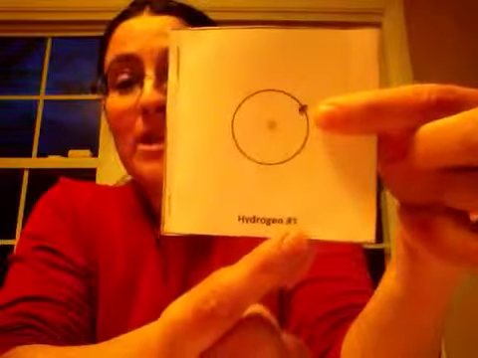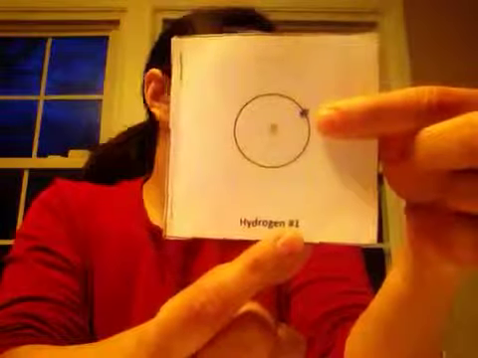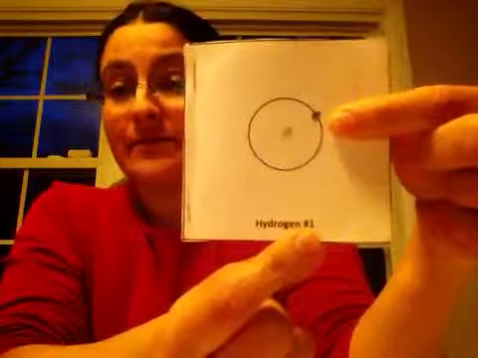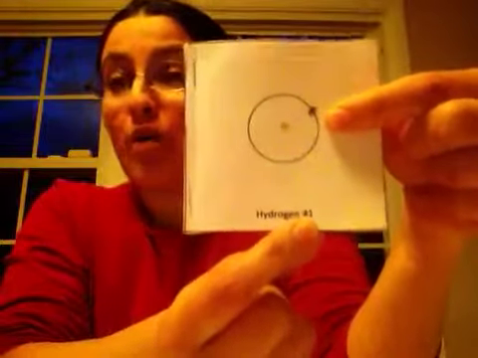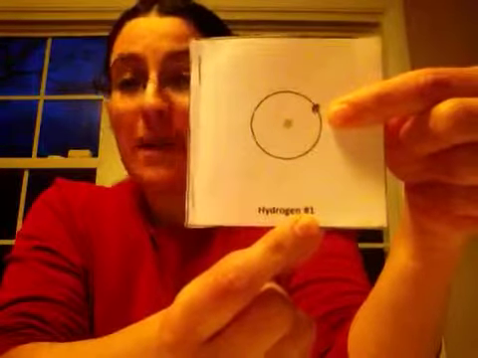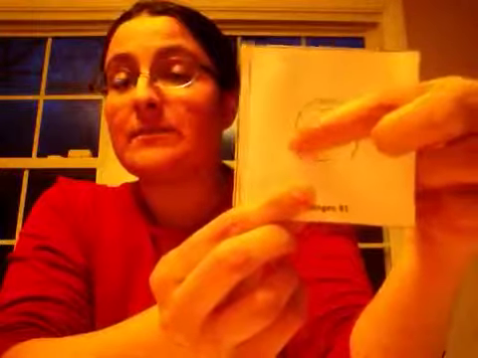It's this number here. Our atomic number tells us that that is so. So our atomic number tells us how many protons in the middle in our nucleus and how many electrons on the outside going around the nucleus.